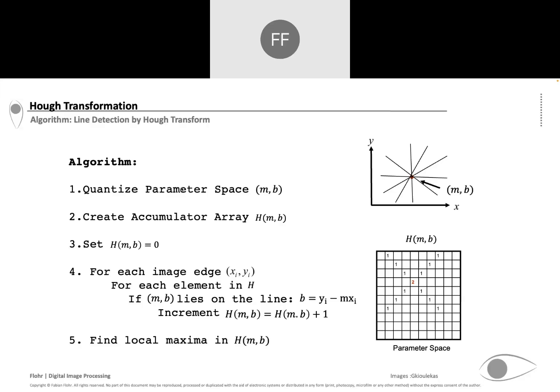We increase the vote exactly on this parameter space level where we have the lines entered. And then at the very end, once we have done it with all our feature points, all our image edges, we just find the local maximum, and we have extracted our main line described by our features in the image.